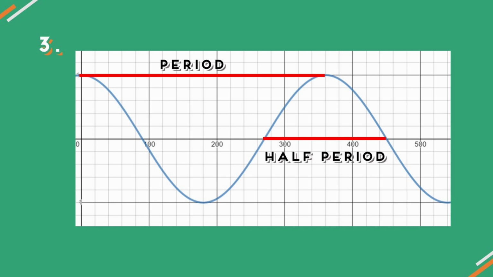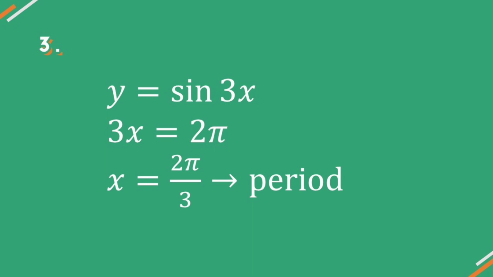I know it's a little bit hard, so right now I will give you an example directly. If you find a function y equals sine 3x, the equation of the period will be 3x equals 2 pi. If we solve it, then we get x equals 2 pi over 3.